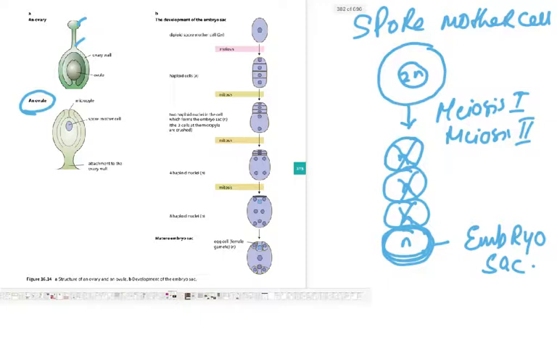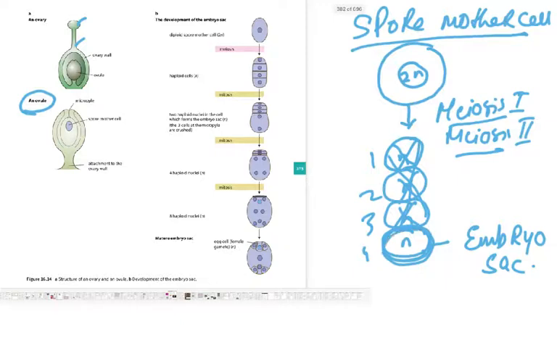So once again, a large diploid spore mother cell develops, cells divide by meiosis, meiosis 1 takes place, meiosis 2 takes place, and we have 1, 2, 3, 4 haploid cells. 3 of these degenerate and 1 cell is left behind, and this is now going to develop.